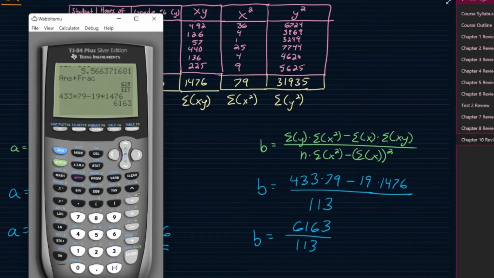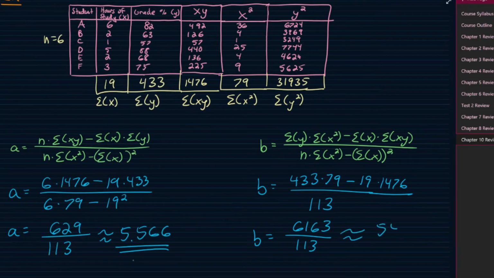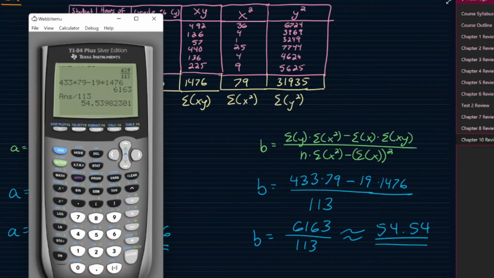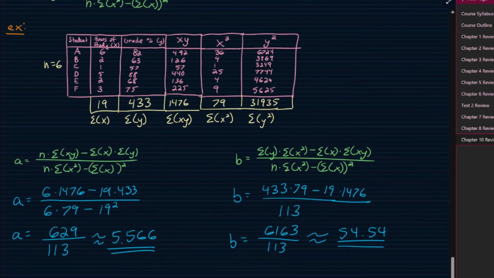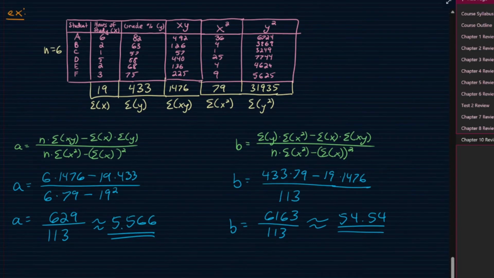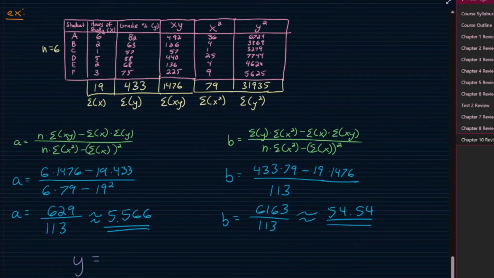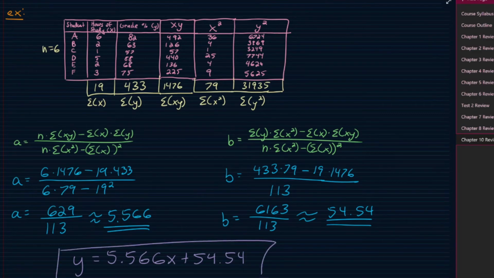So what's that divided by 113? Approximately 54.54. So our line of regression, our final answer that we were looking for, is y is equal to 5.566x plus 54.54. That would be our line of regression for this data.